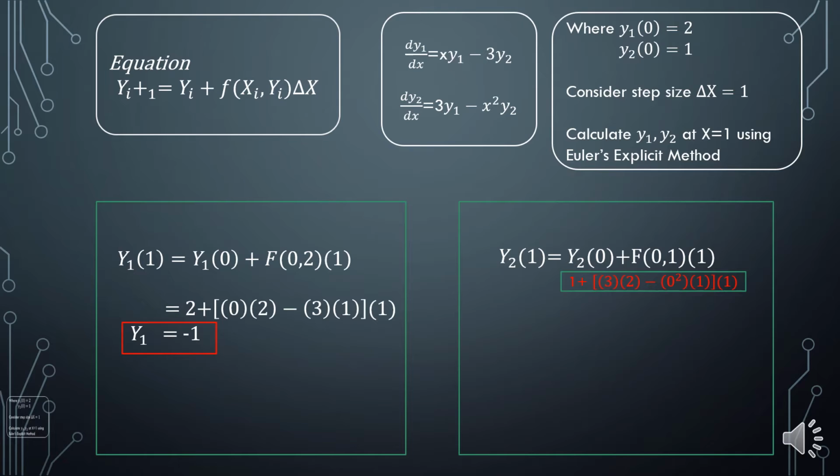In its condition, y2 when x is 0 is equal to 1 plus 3 times y1, which is 2, minus x squared, where x is 0, so 0 squared, times y2, which is 1, times the step size 1. So we have 1 plus 6 minus 0 times 1, so 1 plus 6. So y2 when x is 1 is equal to 7. That would be all in this problem.